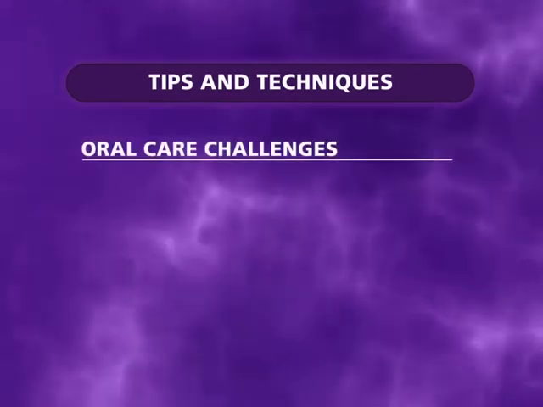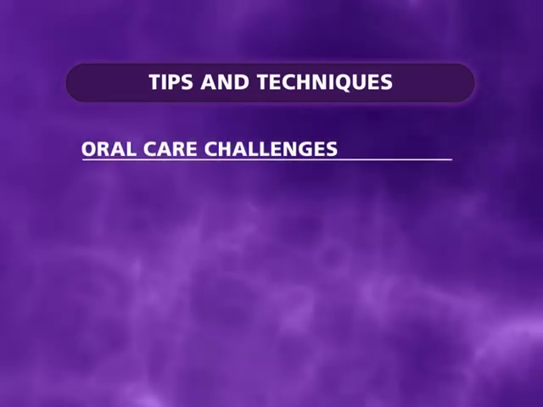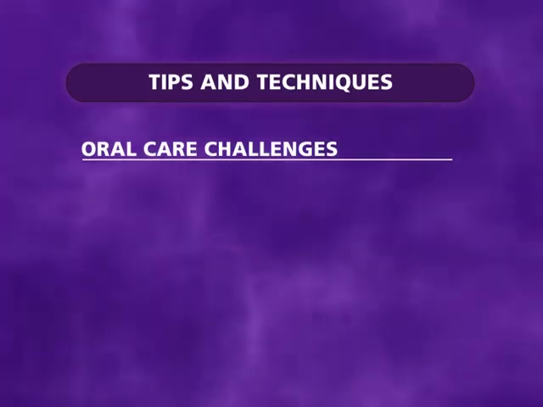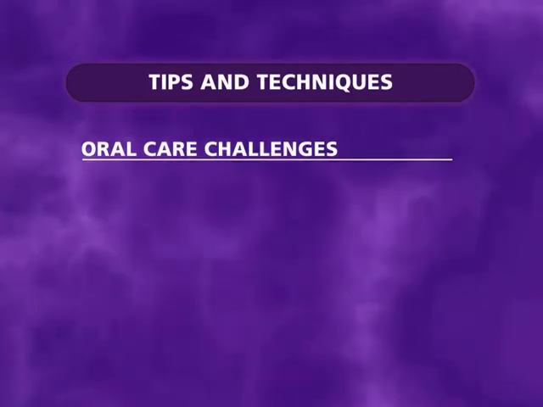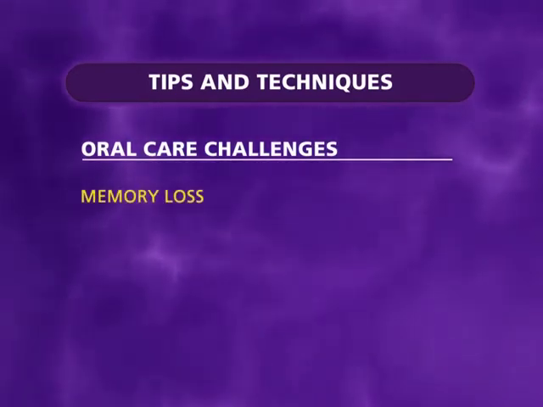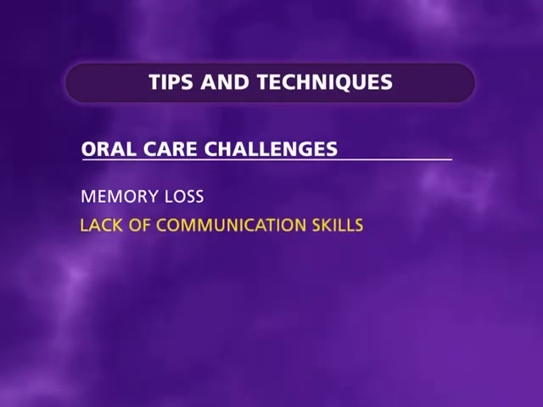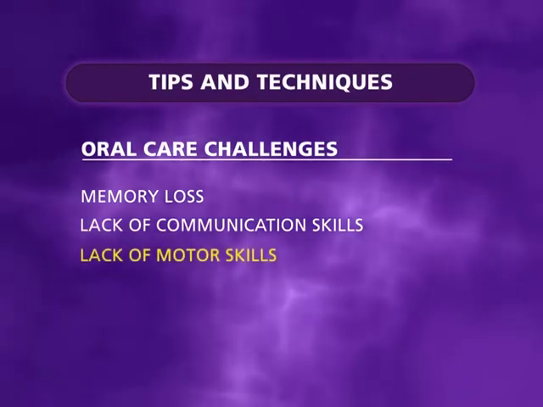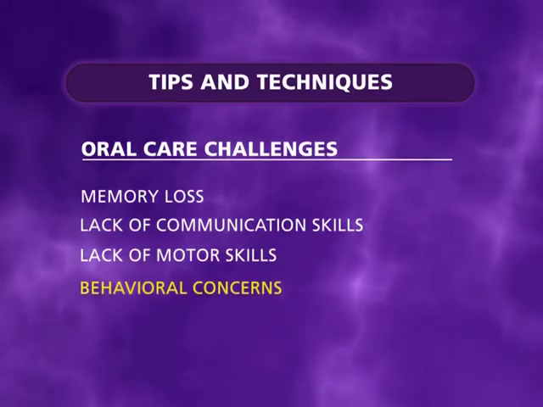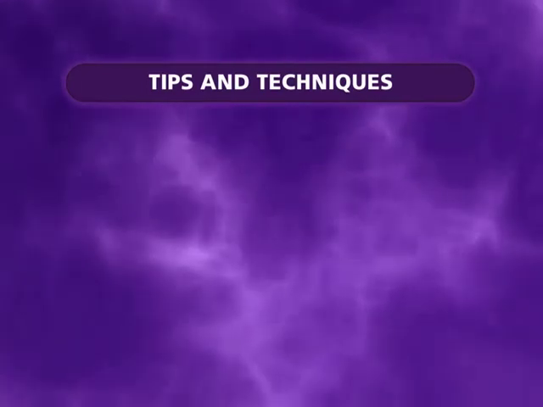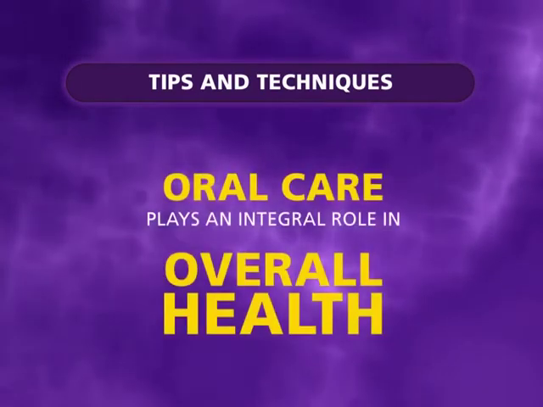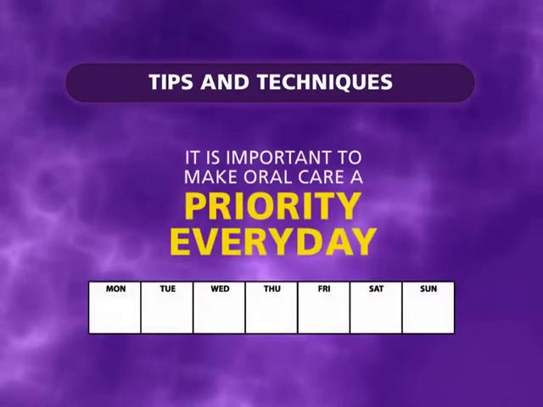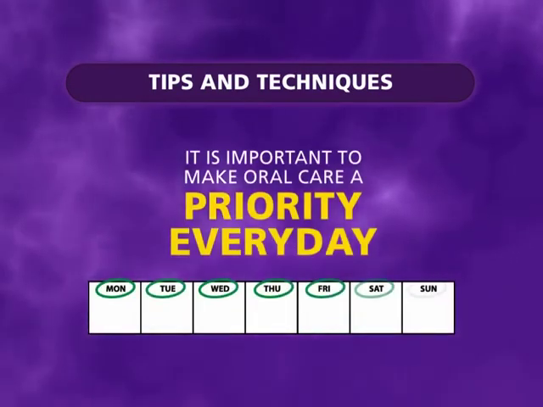Care providers often face additional challenges when attempting to provide oral care to residents with dementia, due to possible memory loss, lack of communication skills, lack of motor skills, or behavioral concerns. Given that oral care plays an integral role in overall health, it is important to make oral care a priority every day.